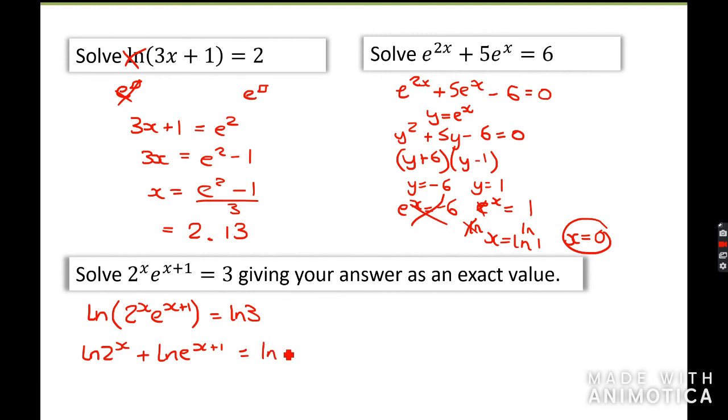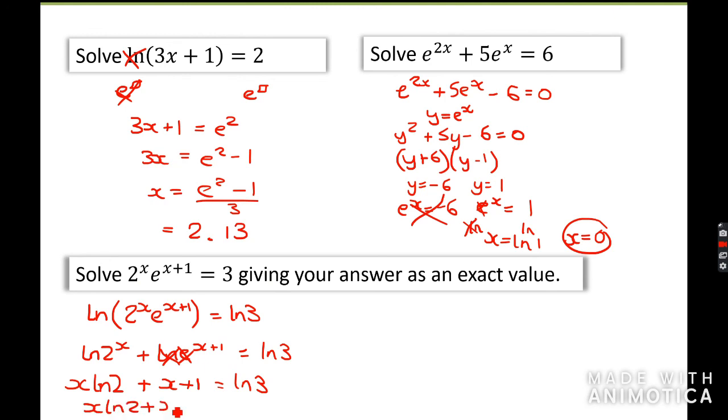Remember, we can always go backwards and forwards using those laws of logs. I need to get x down. Again, my laws of logs, I can drop my power down. So I can have x log natural 2. Move my 1 over to the other side.